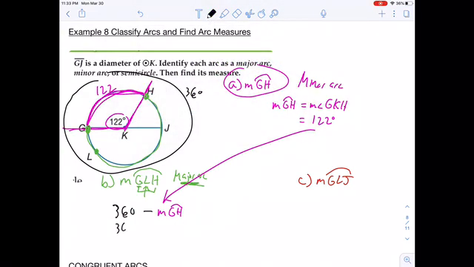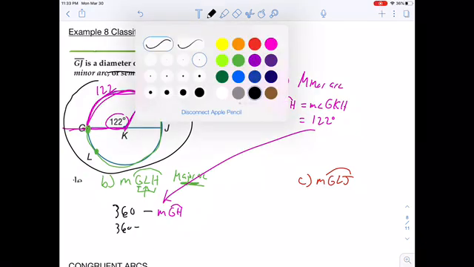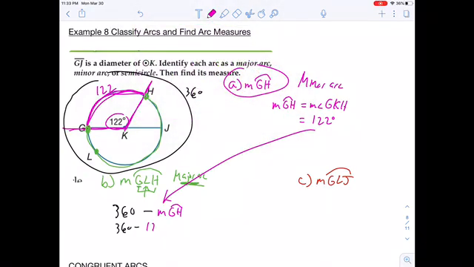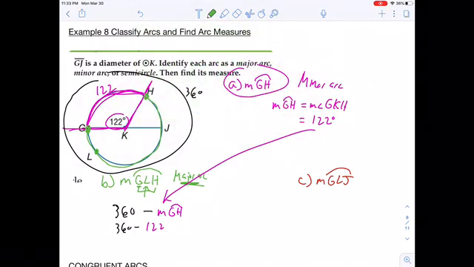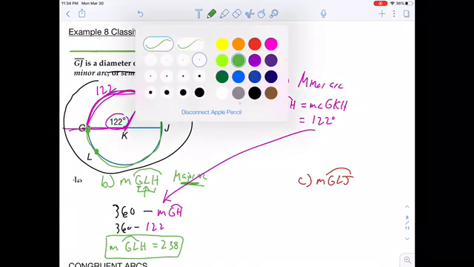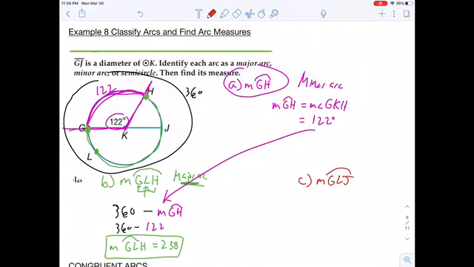So 360 minus 122, and that should give me the measure of arc GLH, which is 238 degrees.